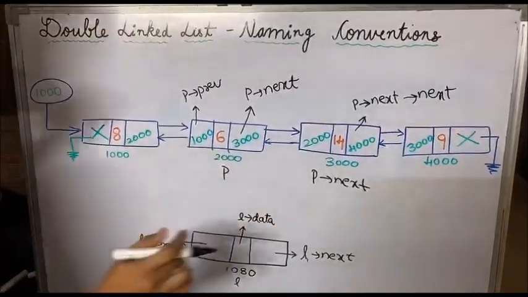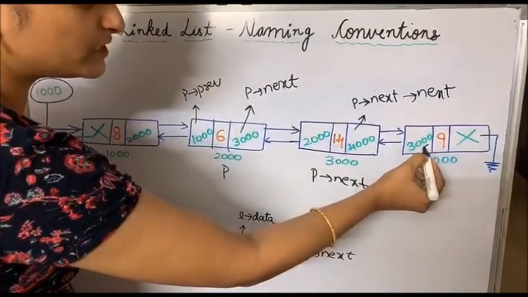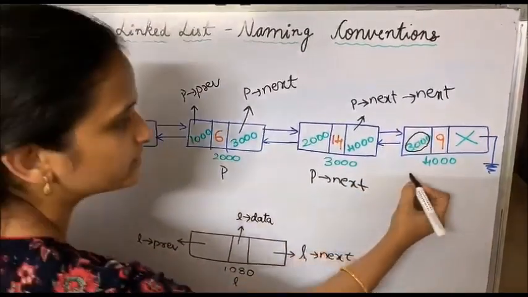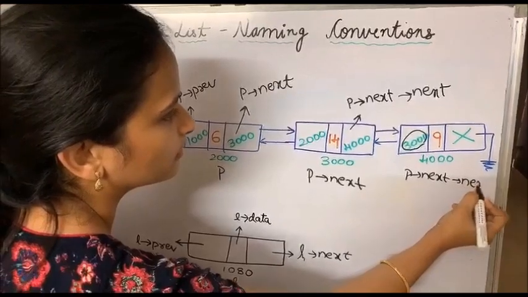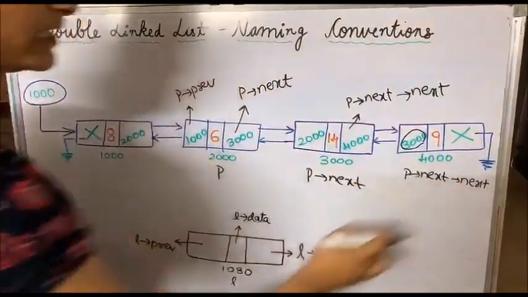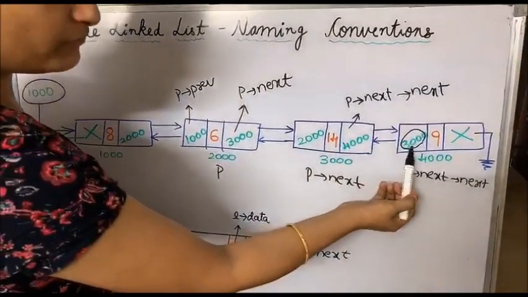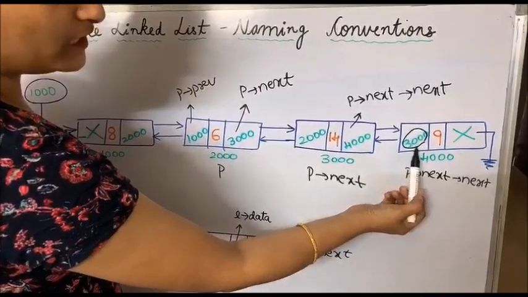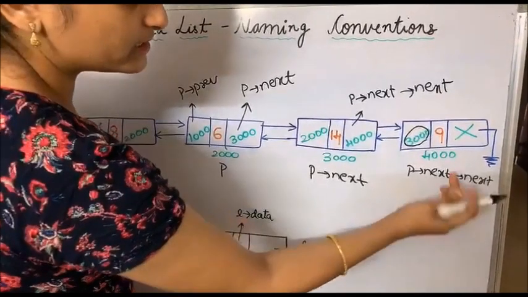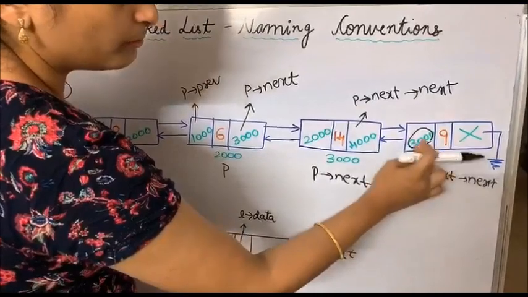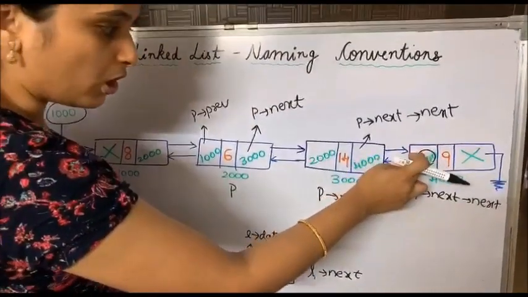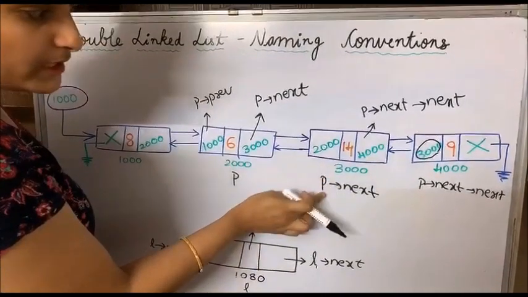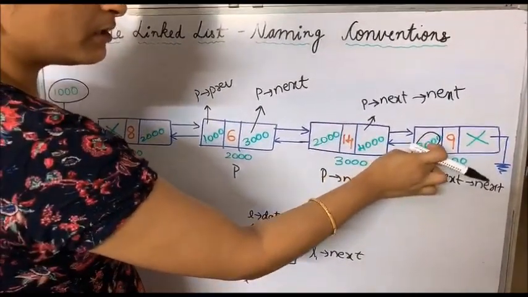Now, what will be the name of this 3000? Name of 4000 is P next, next. Its previous field name will be P next, next previous. So P next, next previous will be 3000. Or already we know 3000 as P next. So this can be P next.